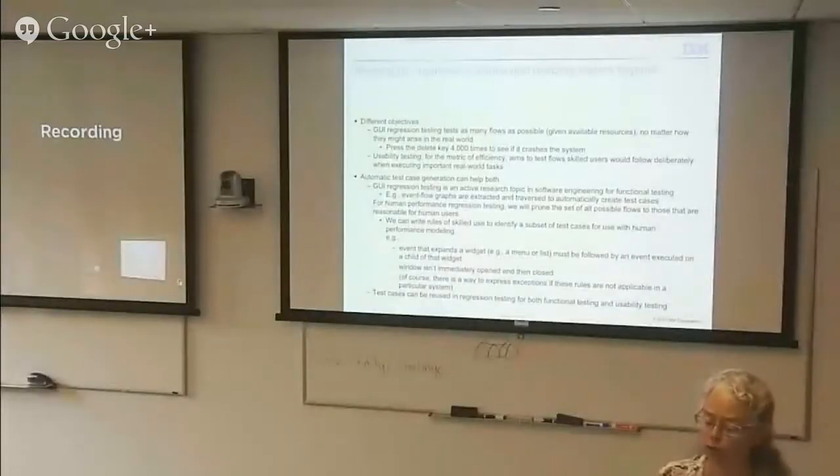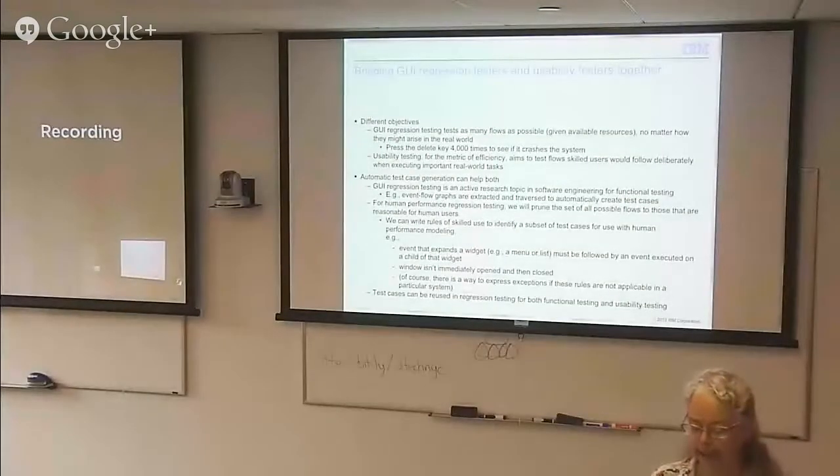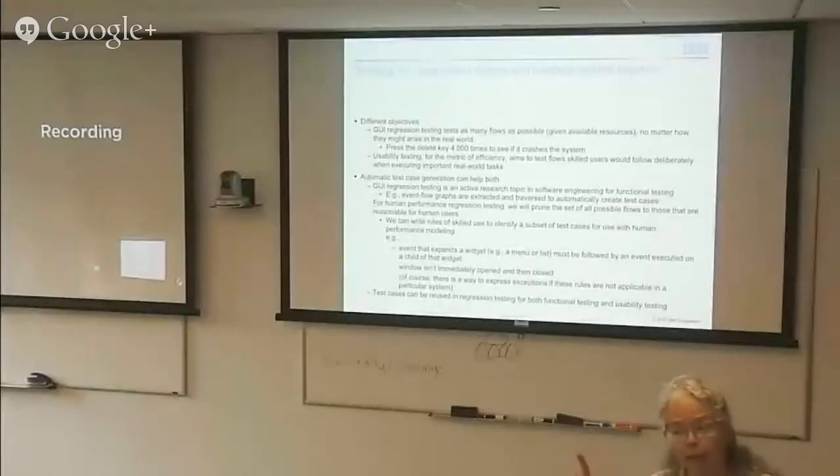So the way we did this was we wrote some rules that are sensible for skilled people. So for instance, for an event that expands a widget, like a menu, a skilled person doesn't open a menu and not click on something. They open a menu because they know what they want to click on is in there. A novice can open a menu and look and decide not to go there, but a skilled person wouldn't.